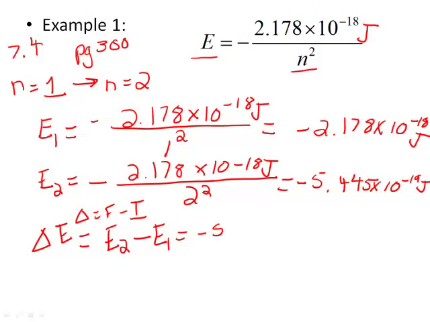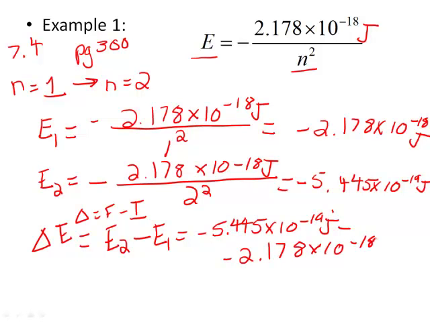So negative 5.445 times 10 to the negative 19th joules minus negative 2.178 times 10 to the negative 18th joules.